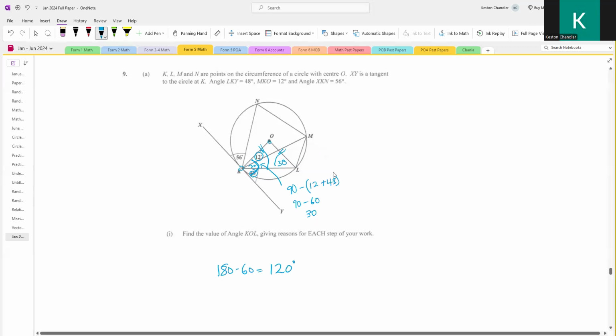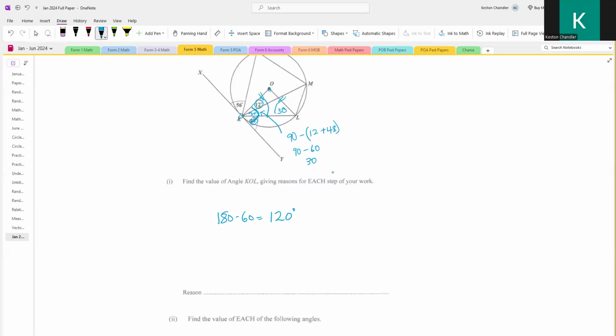KO meets the tangent at 90 degrees. Angle MKL is equal to 90 minus 12 plus 48, which is equal to 60.